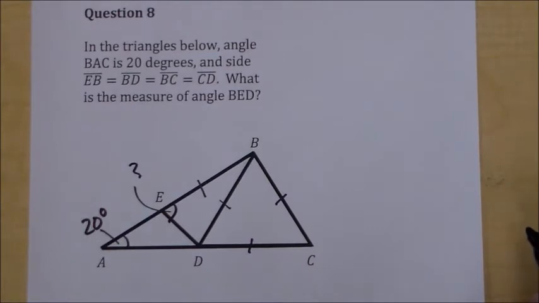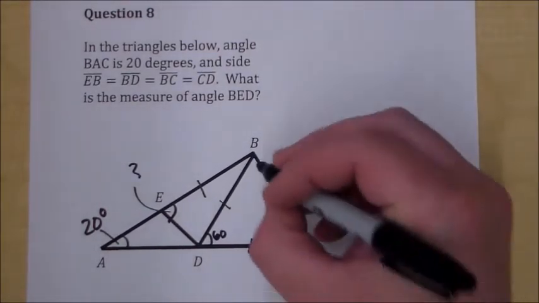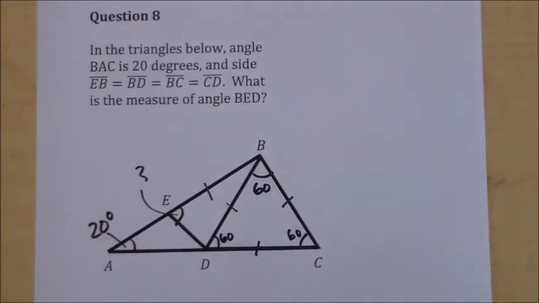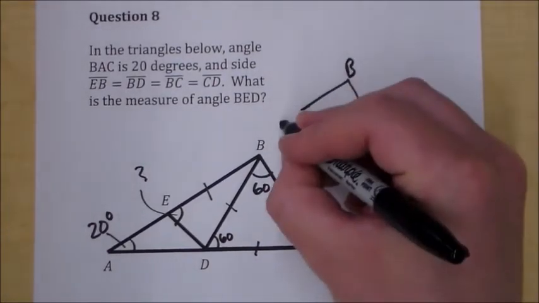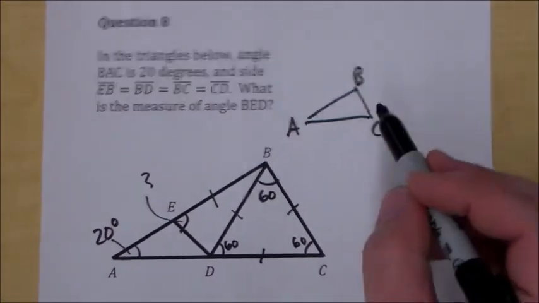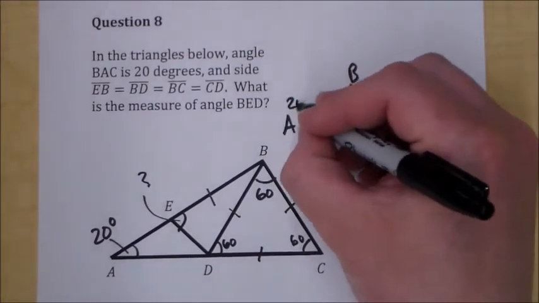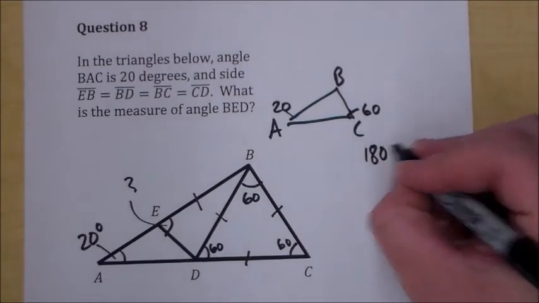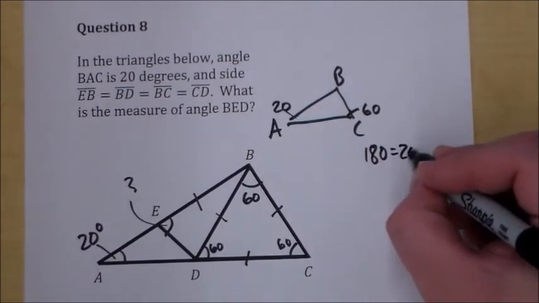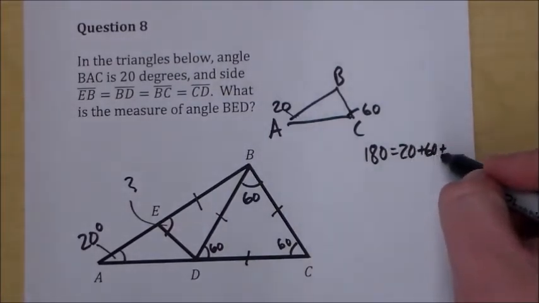Okay, well, if we have an equilateral triangle, we know that this guy is 60, this guy is 60, and this guy is 60. If we have an entire triangle, it has to add up to 180. So if we have, I'll just draw it again, B, A, C. We know BAC has to add up to 180, and we know A is 20, and we know C is 60. So we know 180 must equal 20 plus 60 plus something, right? And that 20 plus 60 is 80.